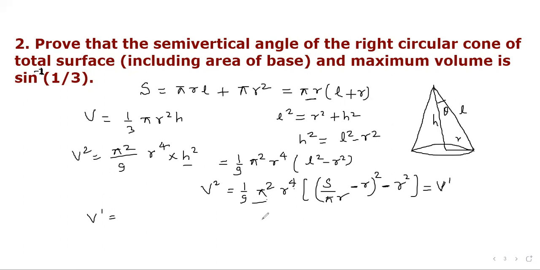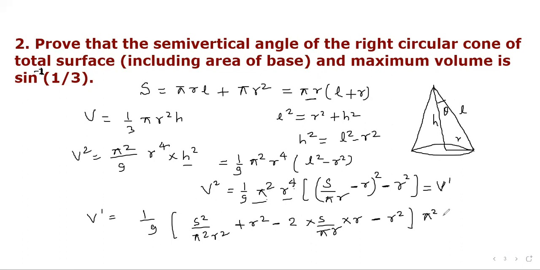So v dash equals 1 by 9 times, this r power 4 can be taken inside, and when we expand it, it will become s square upon pi square r square plus r square minus twice of s upon pi r times r minus r square, and this pi square r power 4 is kept intact.